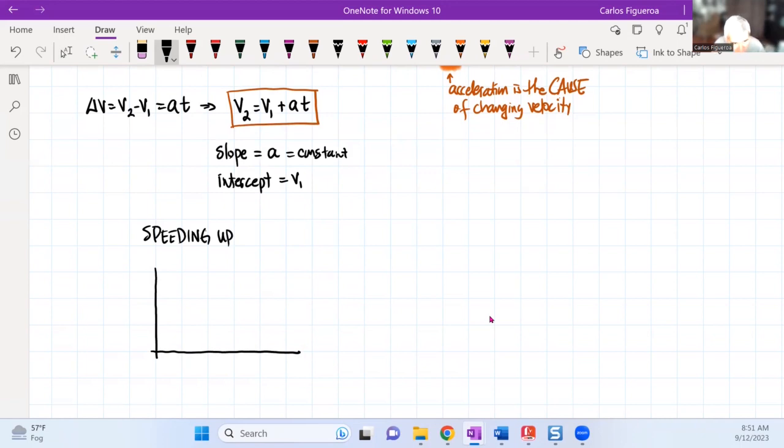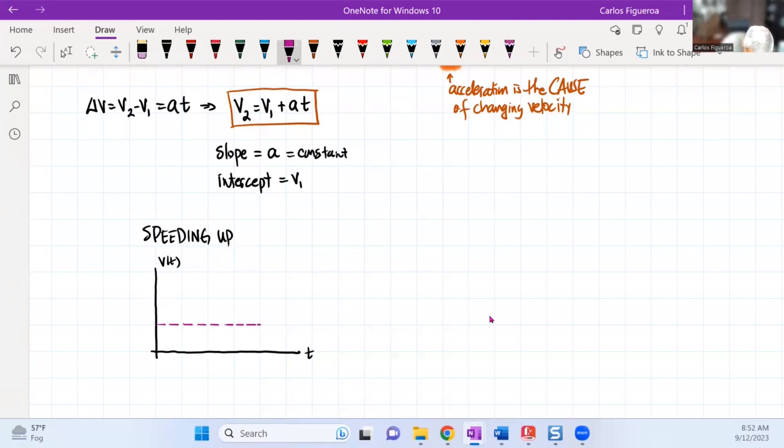So if I'm speeding up, what do I know here? If I look at my velocity versus time curve, I'm going to see a line that looks something like this. This line represents where there is no change in velocity.